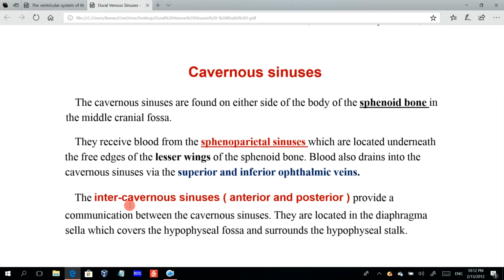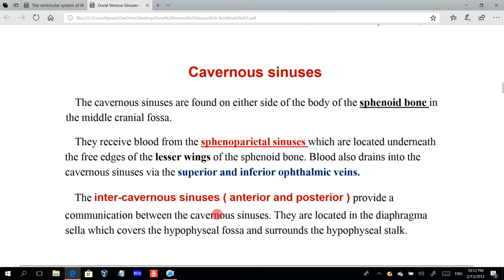One is situated anterior to the sella turcica, and the other is posterior to the sella turcica, connecting the right and left cavernous sinuses, so they are called anterior and posterior intercavernous sinuses. So the blood from the right and left cavernous sinuses can also be mixed because of these intercavernous sinuses.